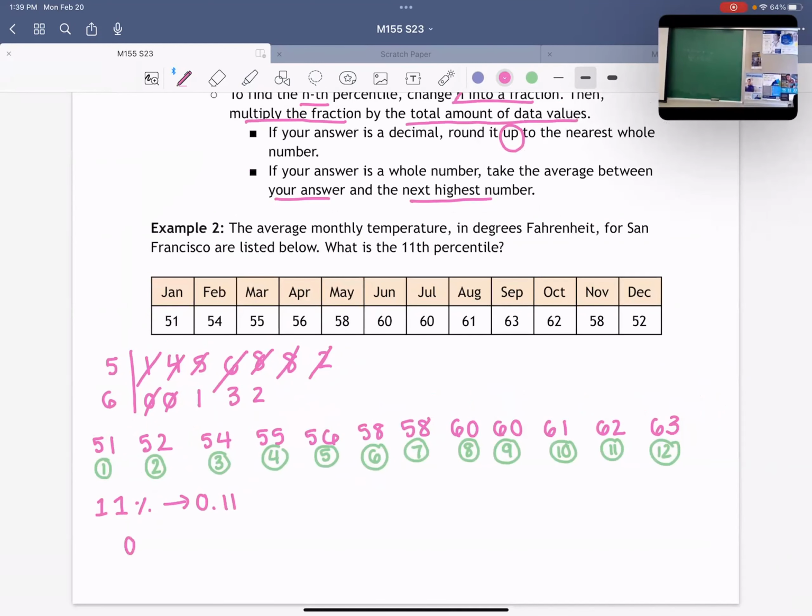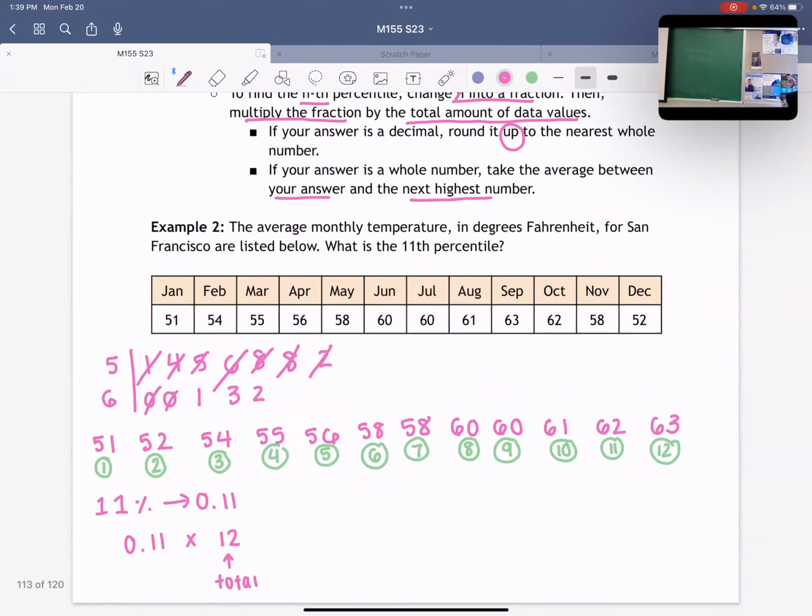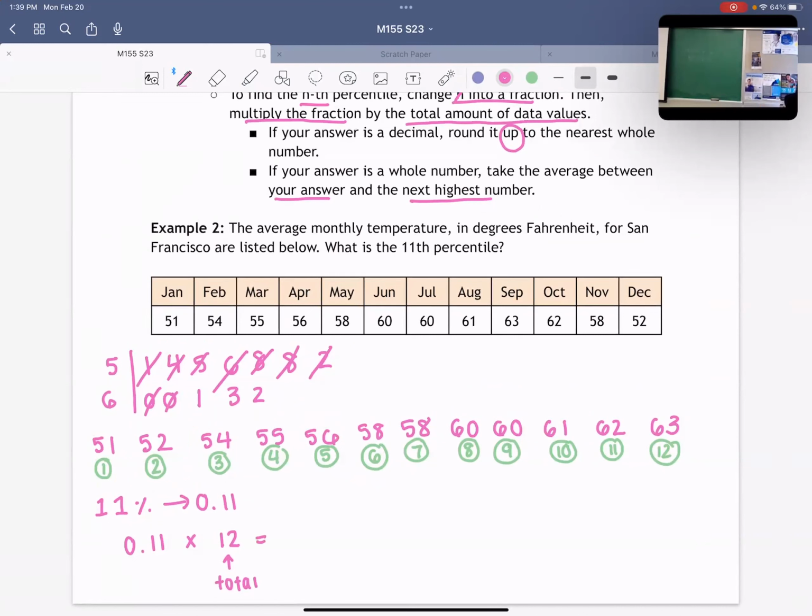So take that fraction. What number am I going to multiply 0.11 by? 12, right? Because there's 12 data values. So just take that number and multiply it by the total. Okay. All right, 0.11 times 12 gives me 1.32.